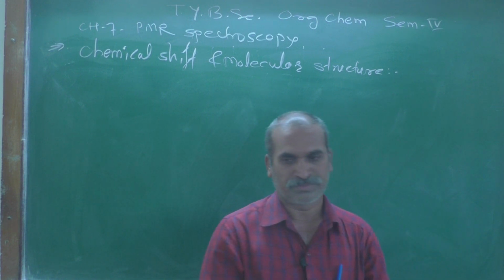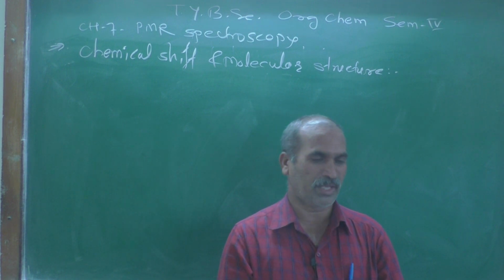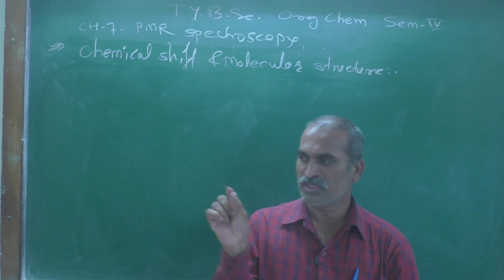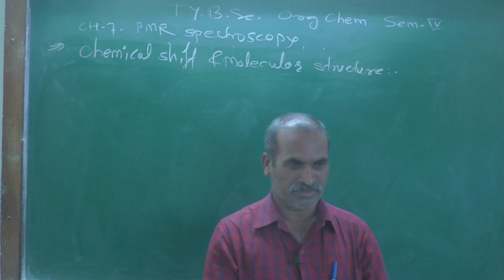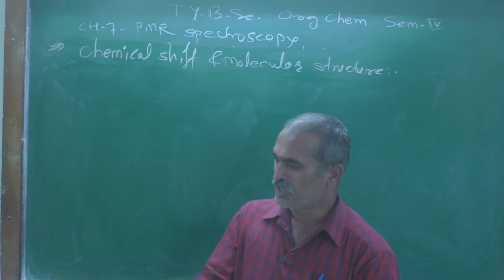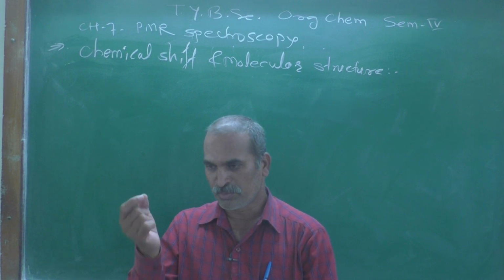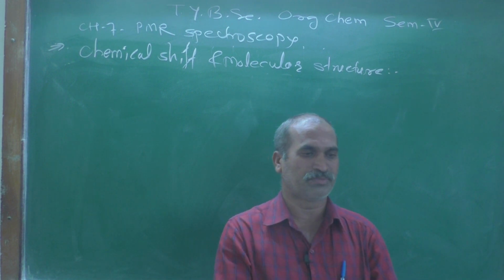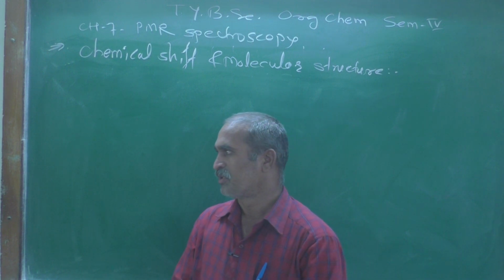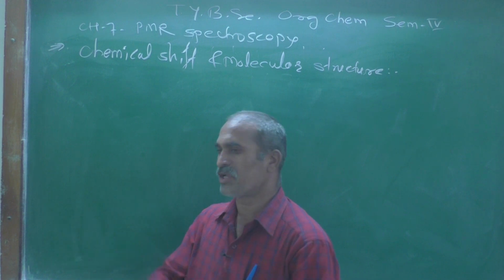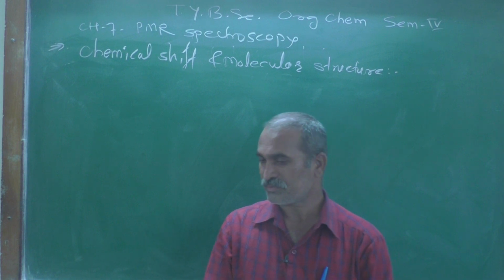And if you observe another peak around 0.9 delta or ppm, it clearly indicates a proton attached to an sp3 carbon atom, which is an indication of the presence of aliphatic protons.